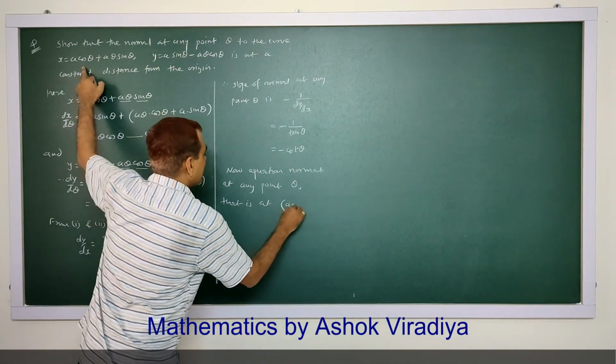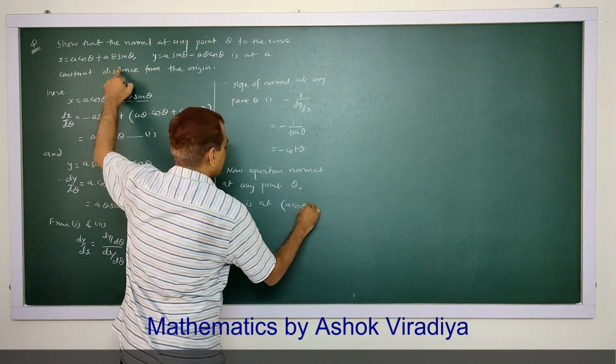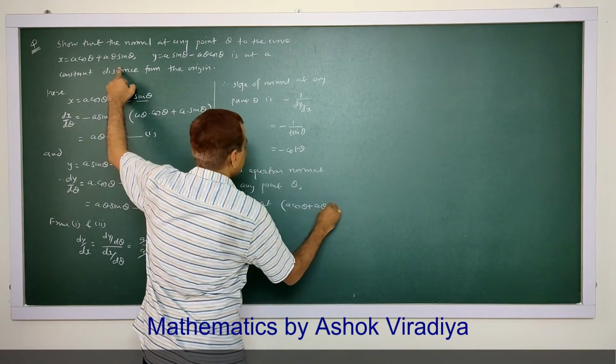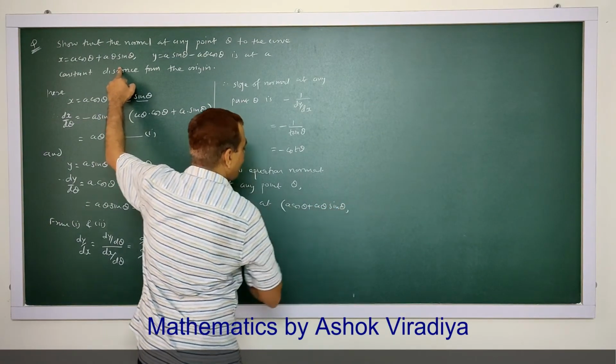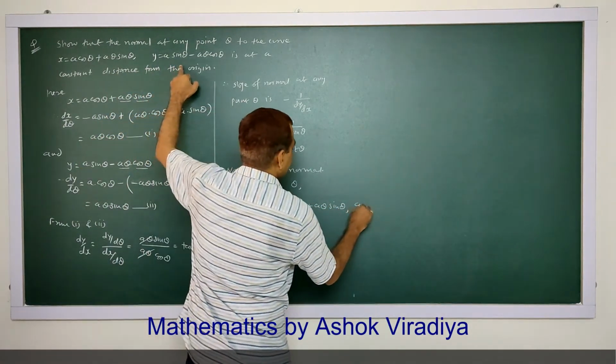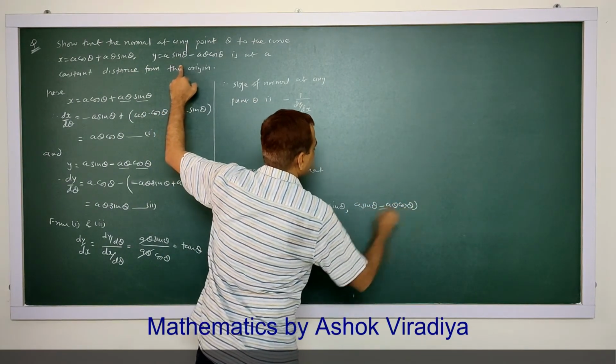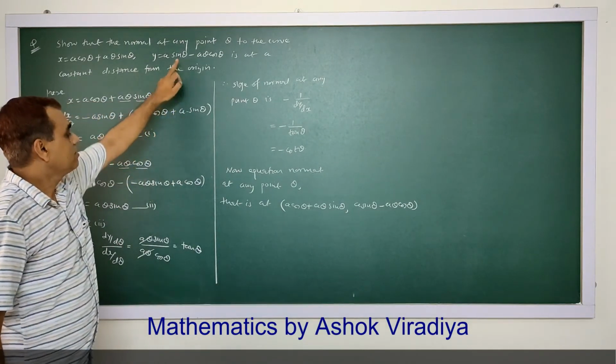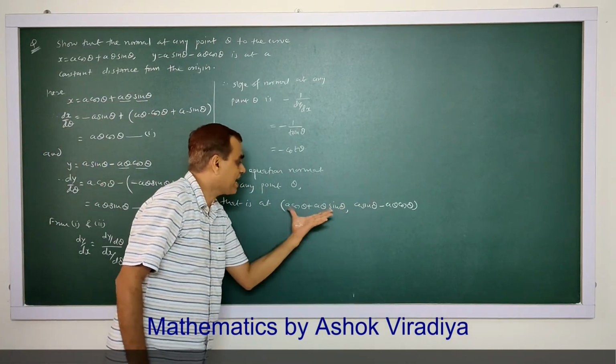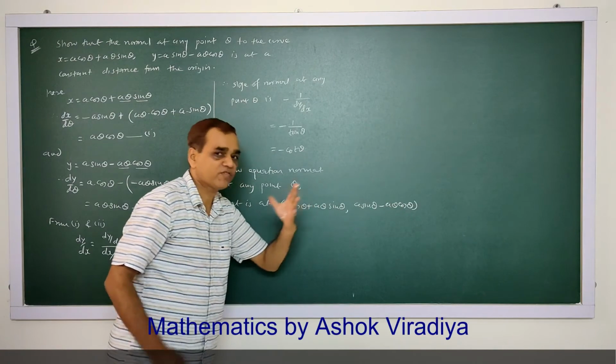So a cos theta plus a theta sin theta comma a sin theta minus a theta cos theta. This is the x coordinate of the theta point, this is the y coordinate of the theta point.